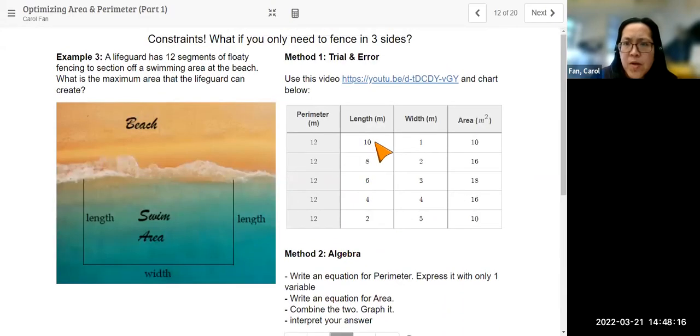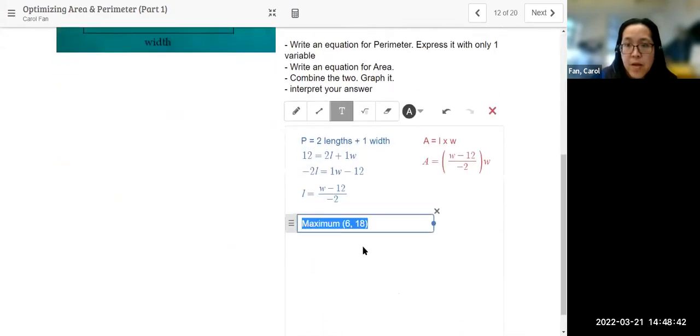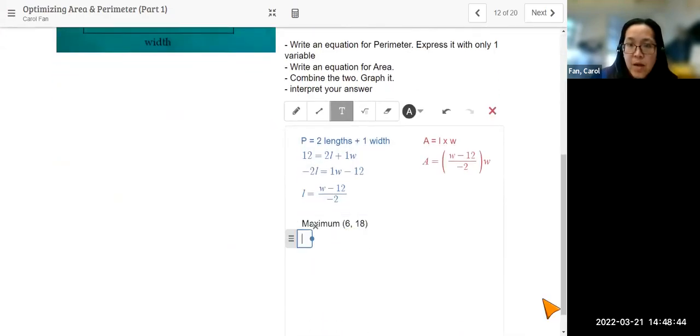You know what I just noticed? I messed up on this. I did the opposite. The length was 1 and the width was 10. 2, 8, 3, 6. Okay, so maximum, that means our width is 6 meters.